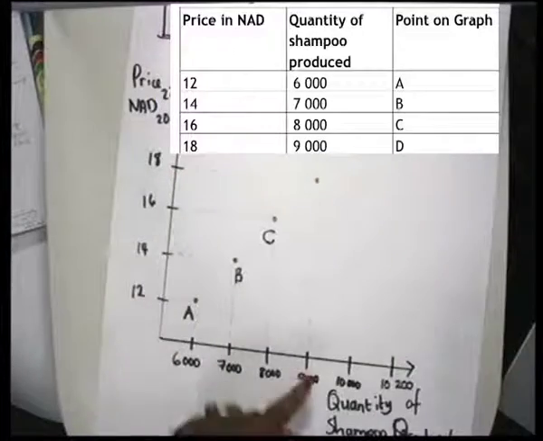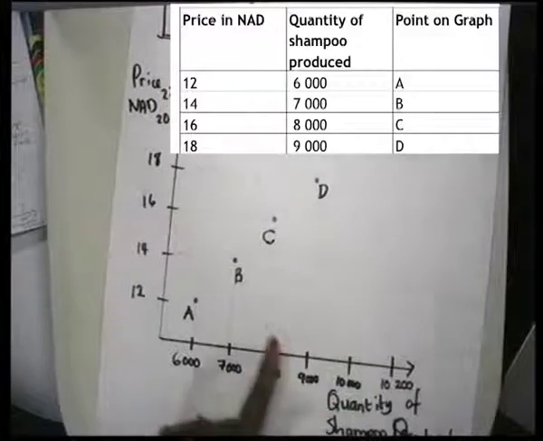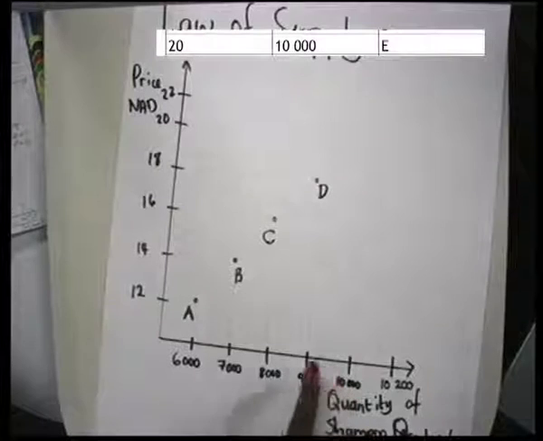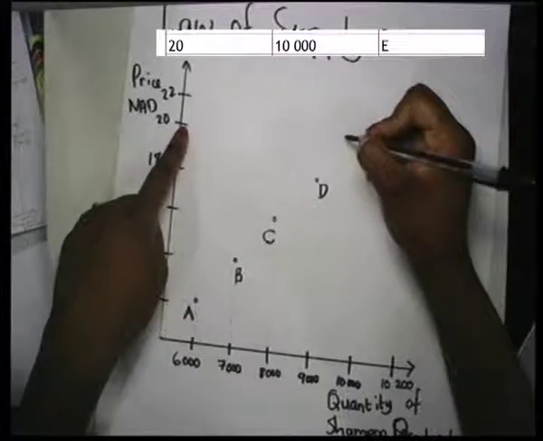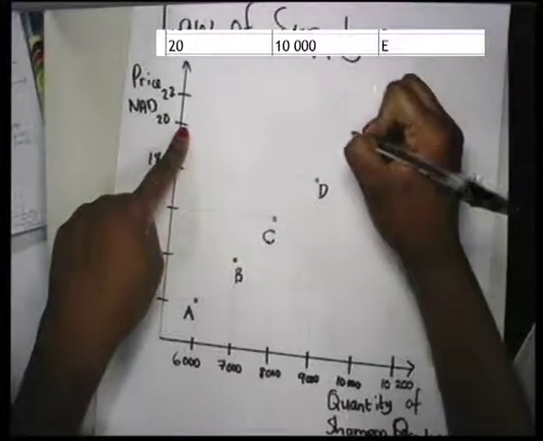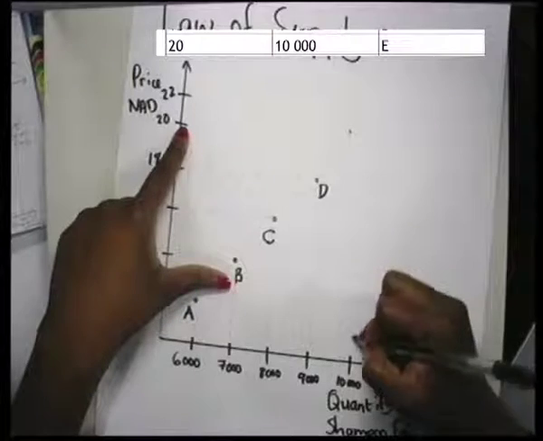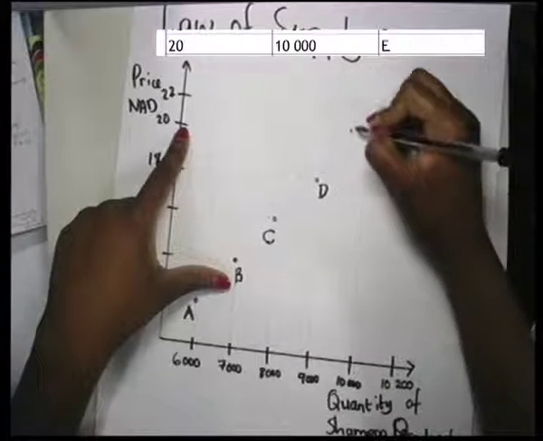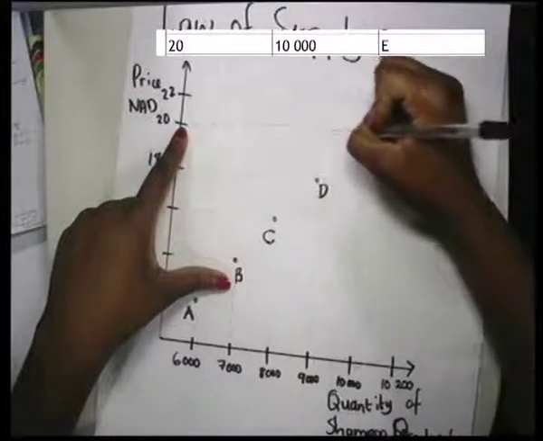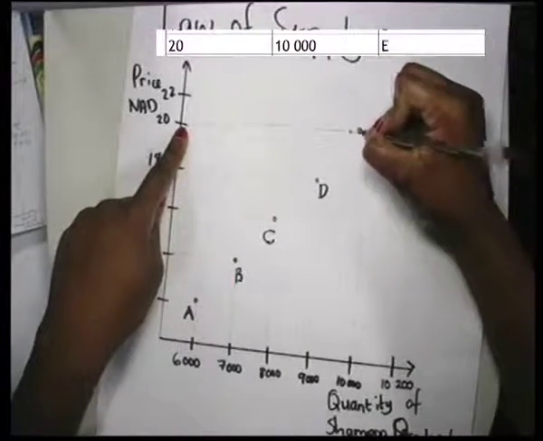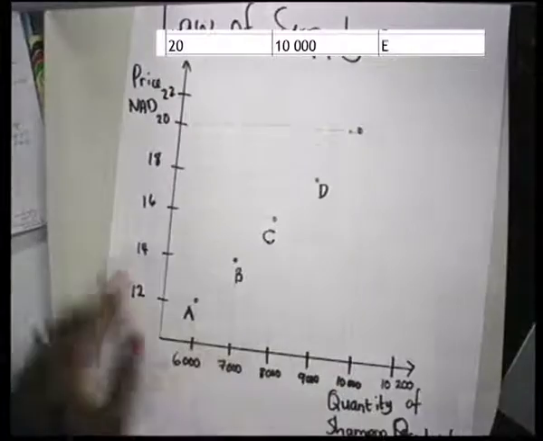This we'll call D. And then when the quantity is 10,000, the price is 20. Oh, sorry, it's here. It's 20. This we're going to call E.